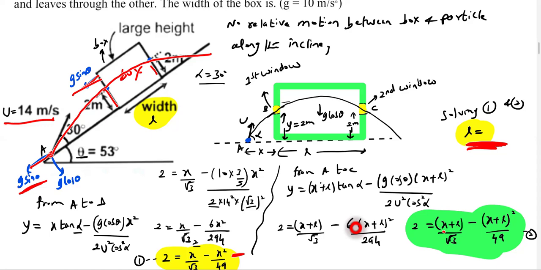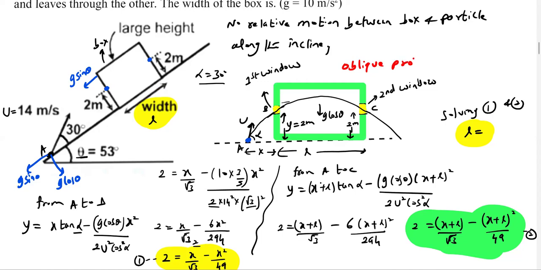There's only relative motion perpendicular to the incline, and that is g cos theta. So we are going to make this like an oblique projectile, and instead of g, we should take g cos theta. That's the one basic condition here.